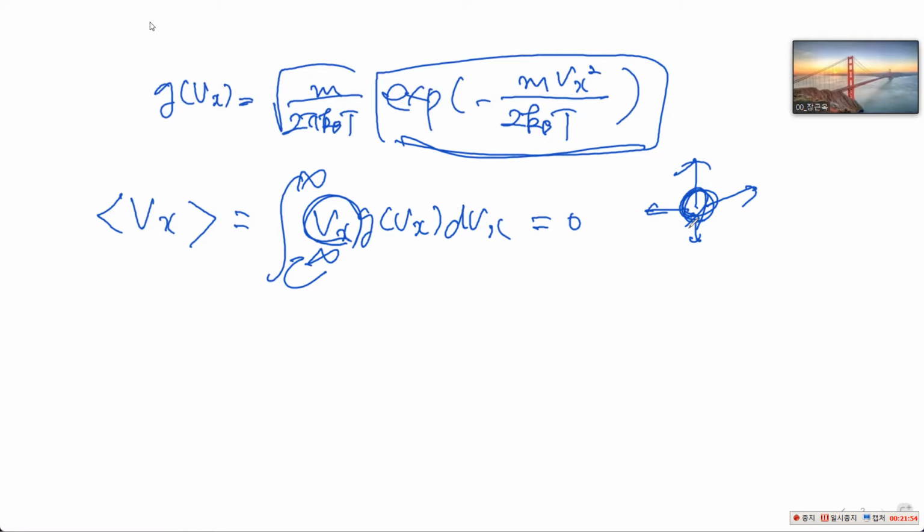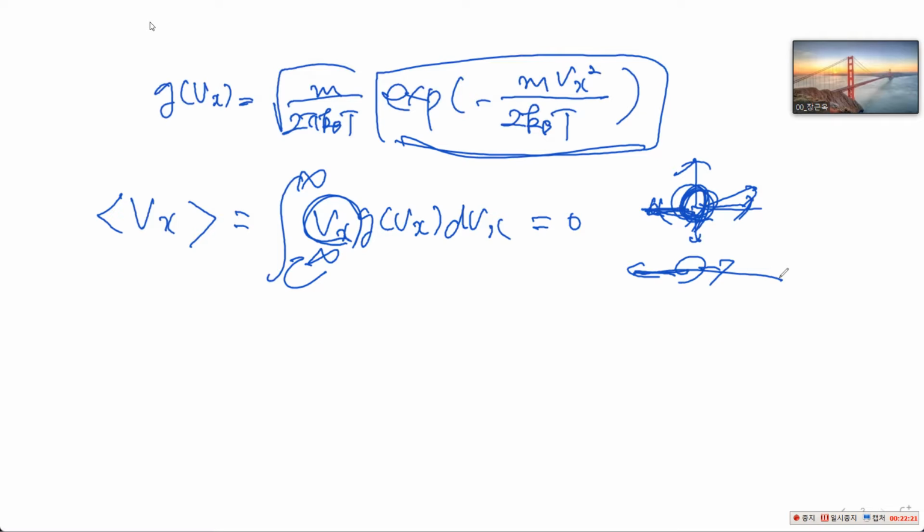If we think about the velocity, if we take care about the direction, then the average value has to be zero. 제로가 돼야 될 것 같은 게 한쪽으로 치우침이 없잖아요. 오른쪽으로 갈 수도 있고 왼쪽으로 갈 수도 있으니까 평균이 0이 돼야 될 것 같아요. 그렇죠?